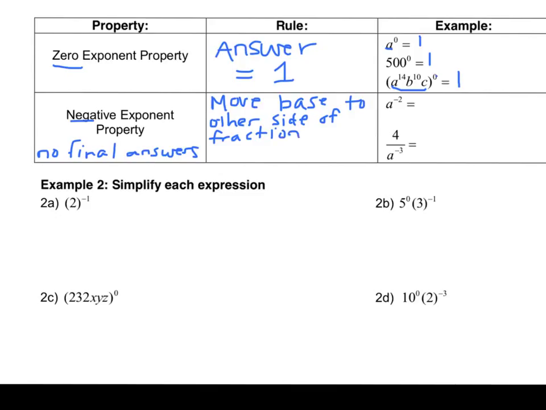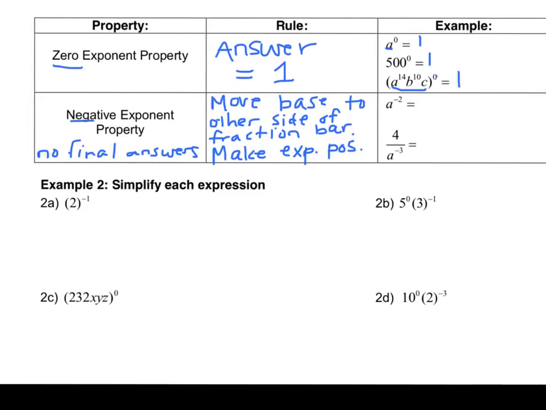If you don't have a fraction bar in your problem, then you just write one underneath whatever your base is. That's the first move. Then you make the exponent positive once you move it. Make exponent positive. So let's try that.